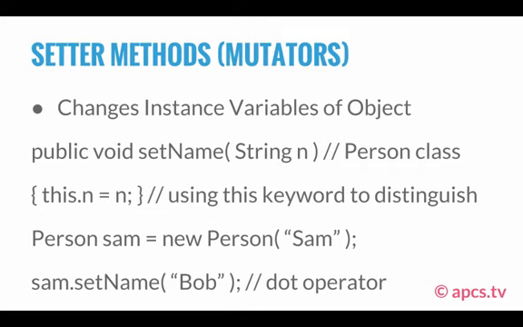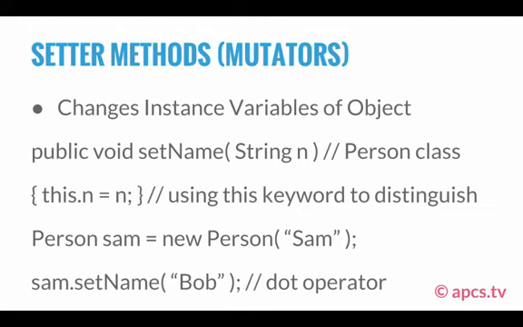We're changing the value of n, which was originally Sam based on the constructor call, to a value of Bob. And as you can see, we've changed the value of the n instance variable. We've used the dot operator again to refer to a method of a specific object, and we've used the argument Bob to fulfill the parameter requirement, and we're calling the setName method.